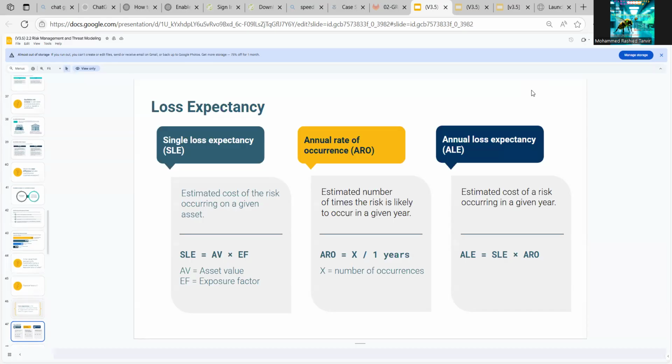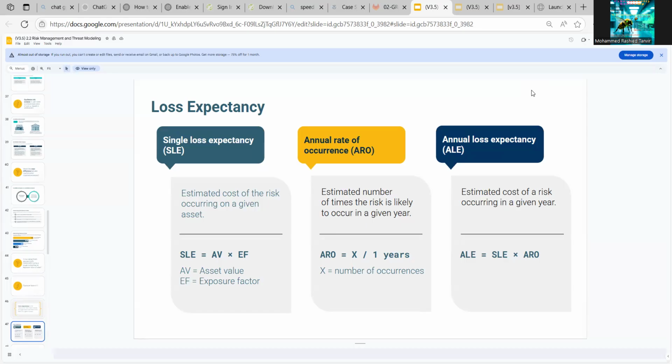SLE equals AV times EF, where AV is asset value and EF is exposure factor. SLE, ARO, and ALE are very important in the Security Plus exam. This is the loss from a single incident. Annual rate of occurrence, ARO, equals X per 1 year, where X is the number of occurrences.